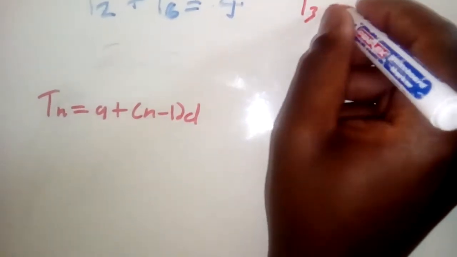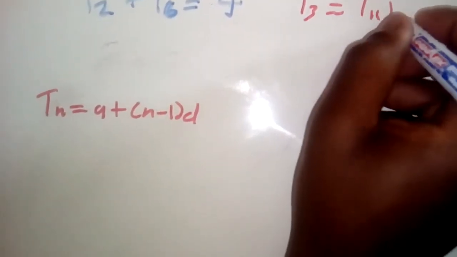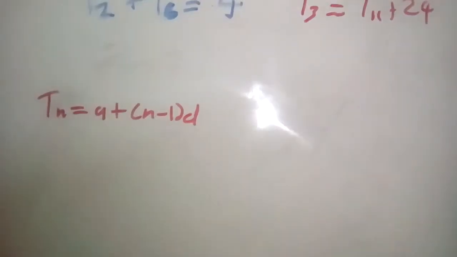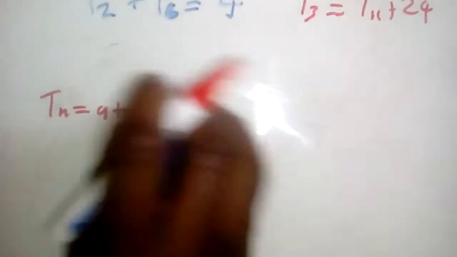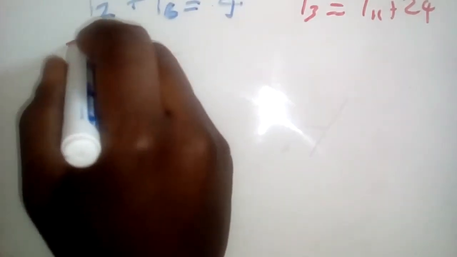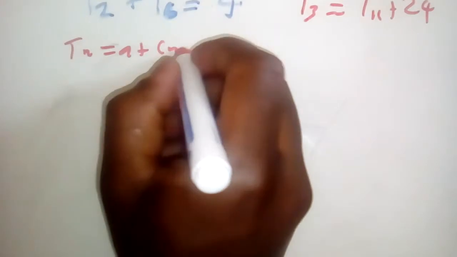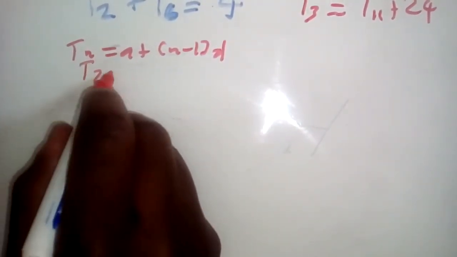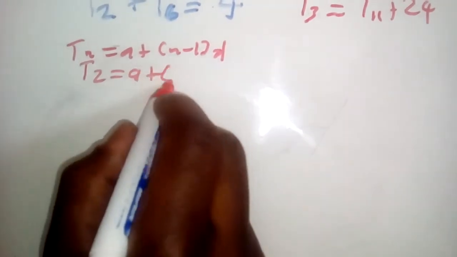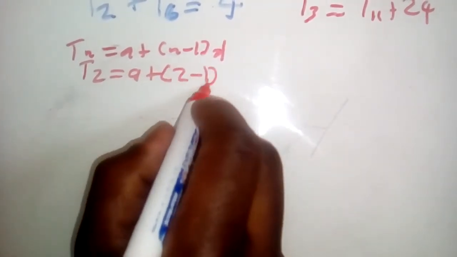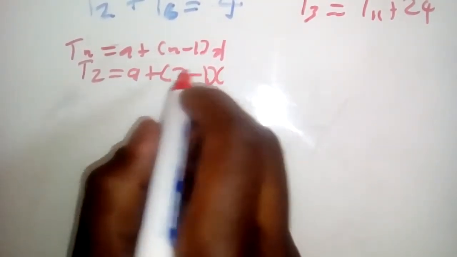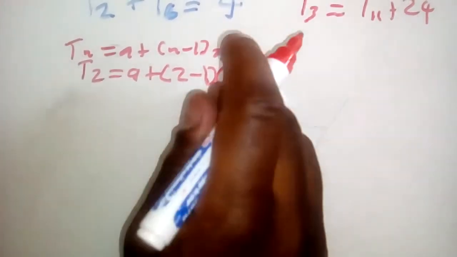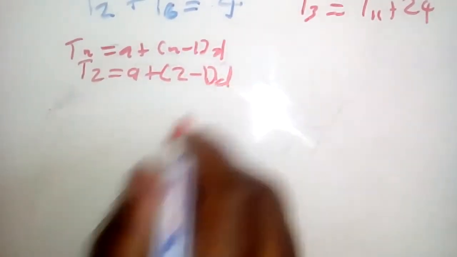T3 is equal to T11 plus 24, because the third term is 24 more than the 11th term. Using this formula, the second term is a, which we don't know, plus (2 minus 1)d. We don't know the difference either, so two unknowns, of course.